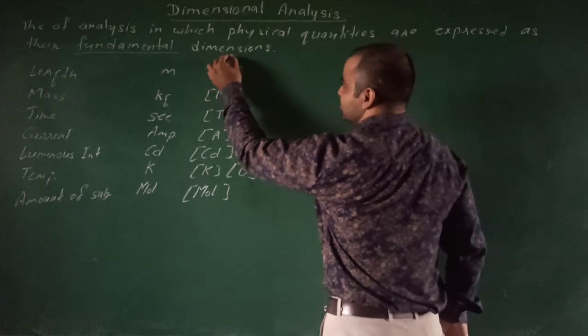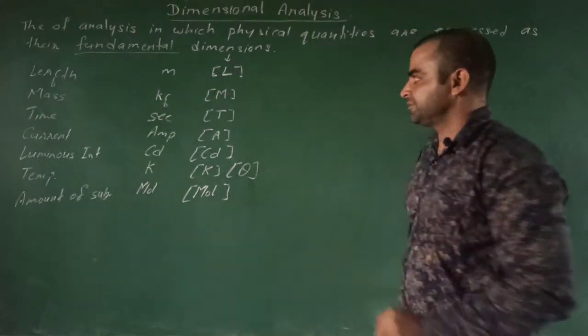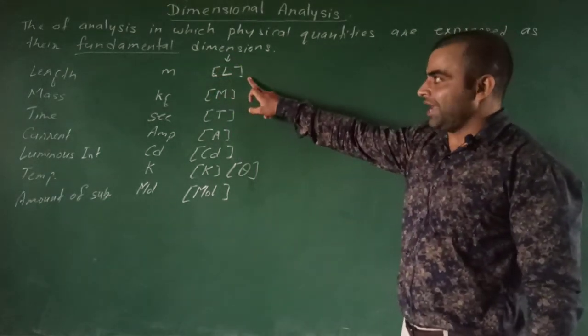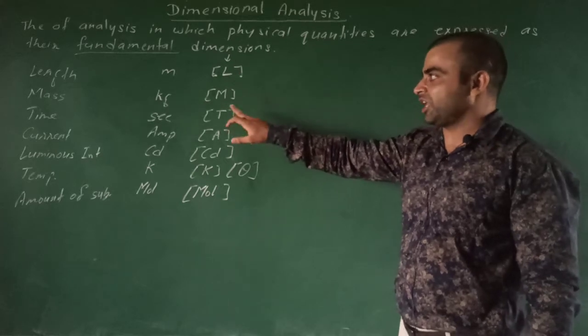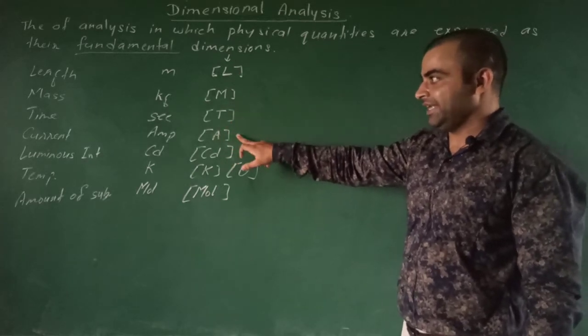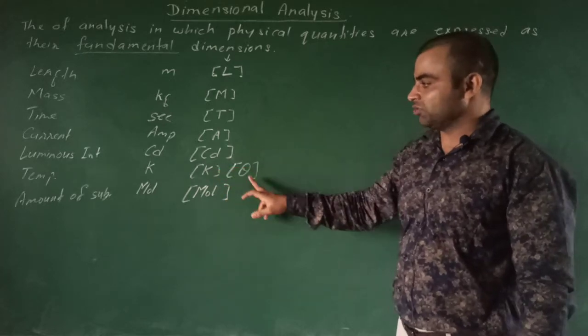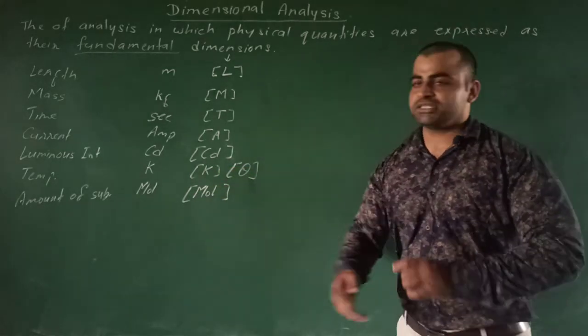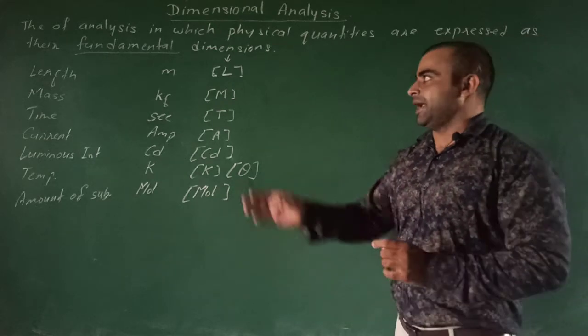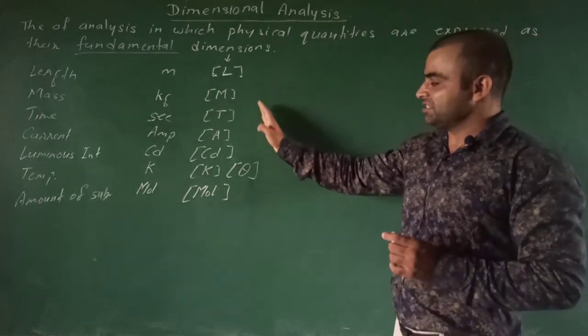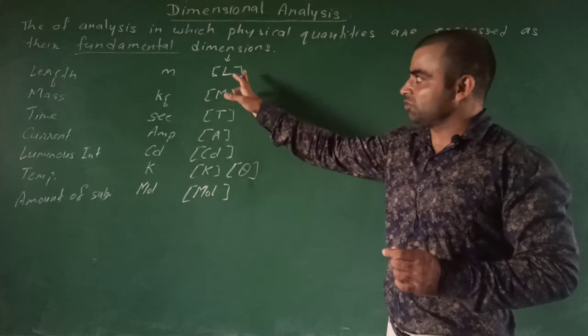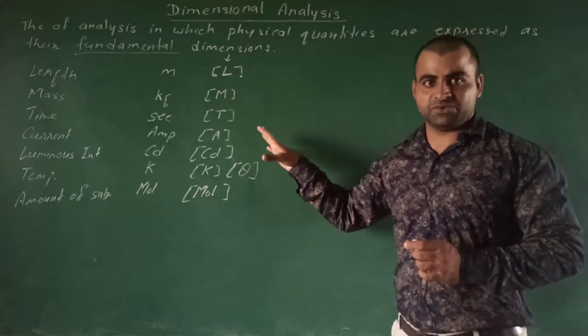These are the dimensions: length L, mass M, time T, current A, luminous intensity CD, temperature K or theta, and amount of substance mole. And the quantities or the dimensions are closed in a square bracket. Is it clear?